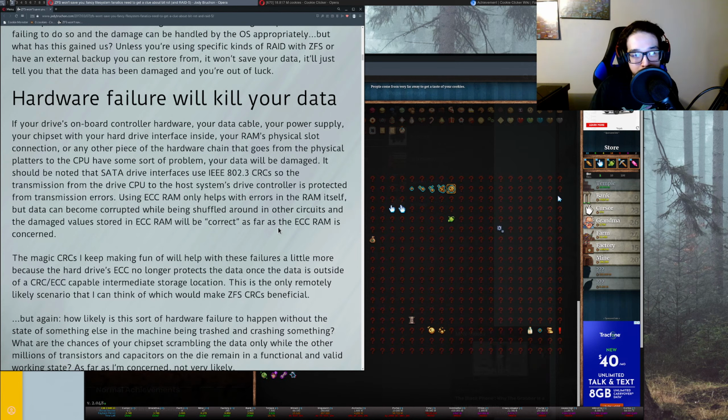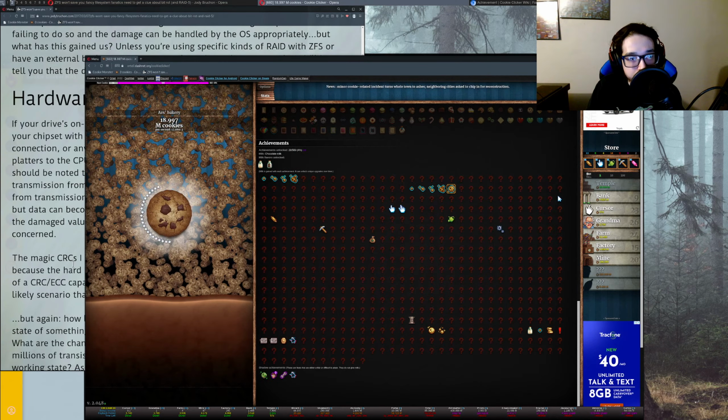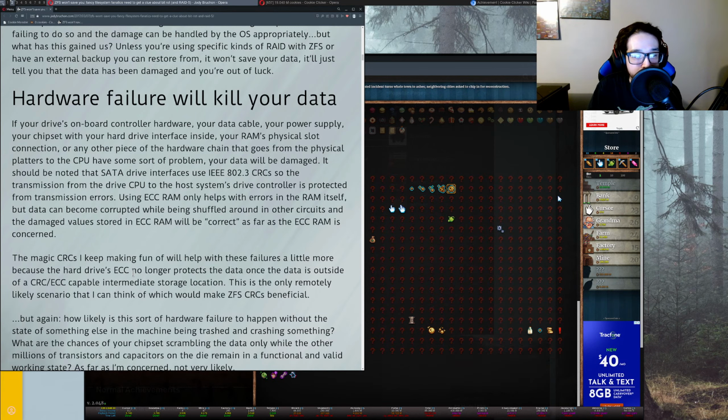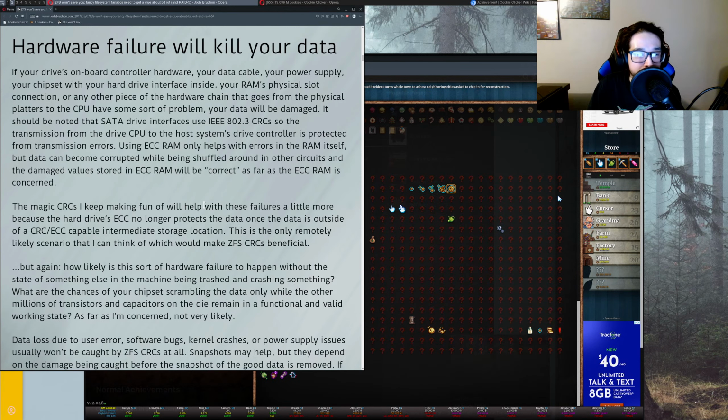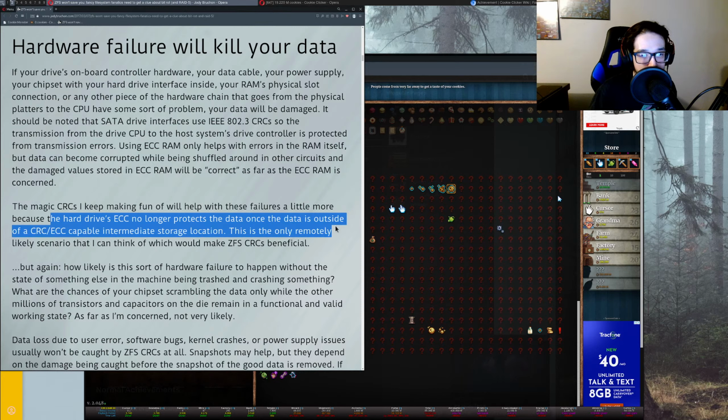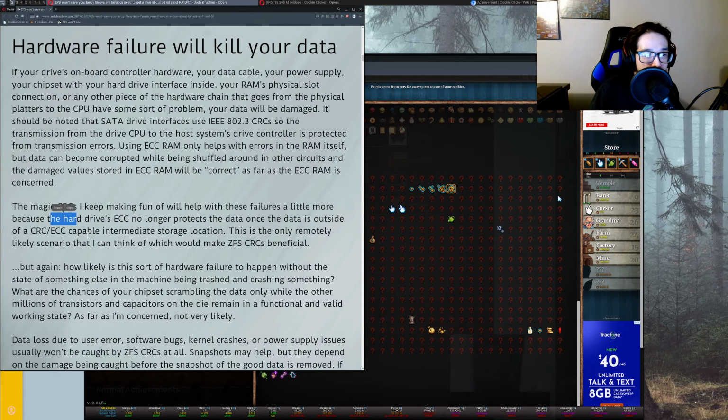The damaged values stored in ECC RAM will be correct as far as the ECC RAM is concerned. The magic CRCs to keep making fun of will help with these failures a little more, because the hard drive's ECC no longer protects the data once the data is outside of a CRC/ECC capable intermediate storage location. This is the only remotely likely scenario that I could think of which would make ZFS CRC beneficial.